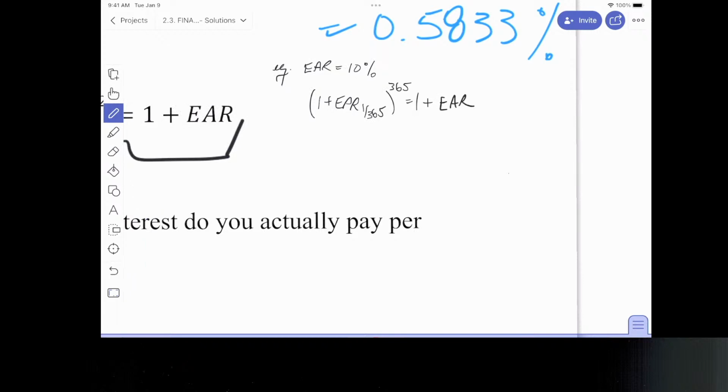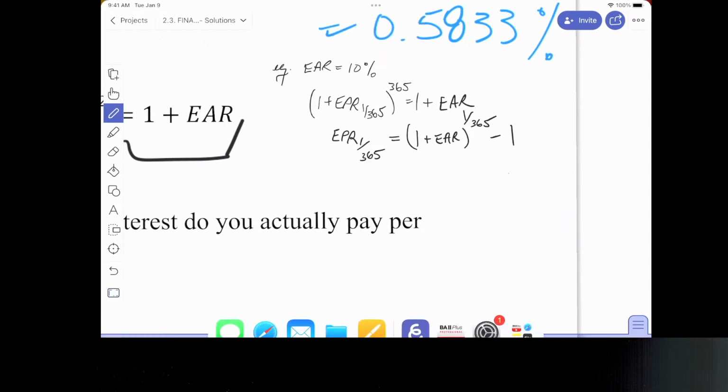So what I'm going to do is solve for the effective daily rate, knowing the effective annual rate. I'm going to partition it in the exponents and minus 1 to find the rate.